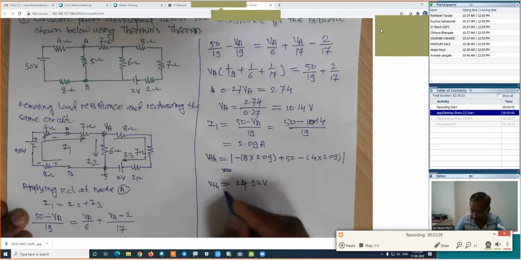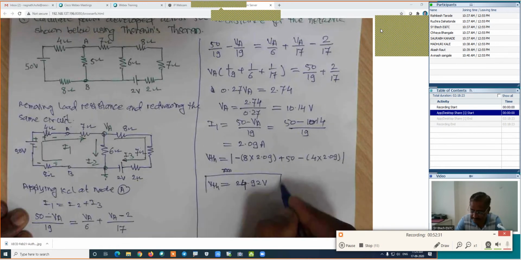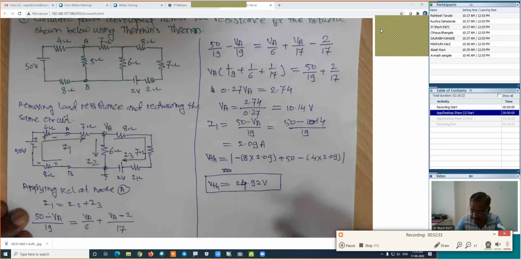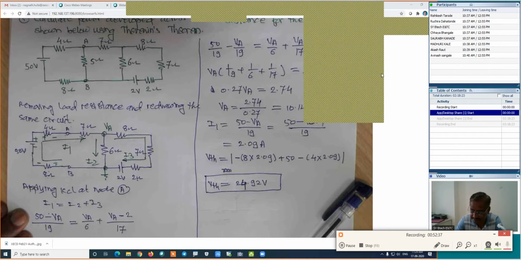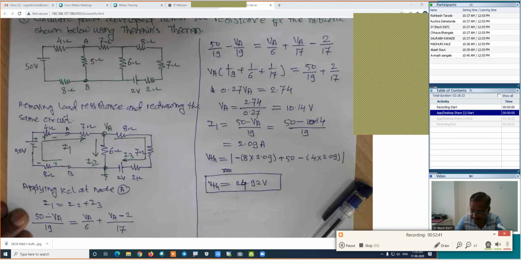This VTH is 24.92 volt. I will check with someone again. Does anyone else have the answer? Chaurab, unmute yourself. Yes sir, correct. Ruchira, correct, sir. Okay, fine.